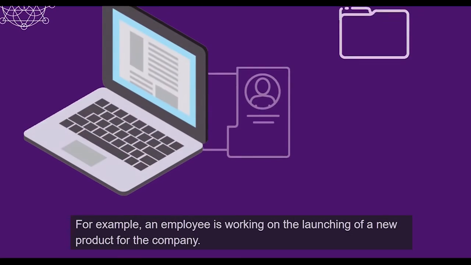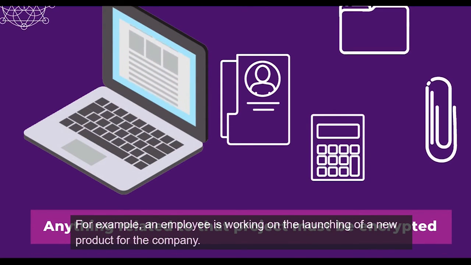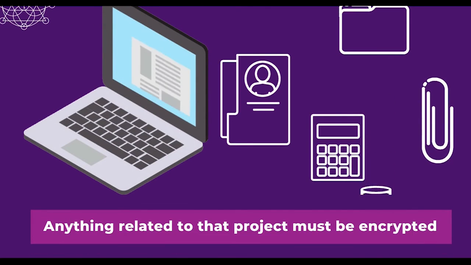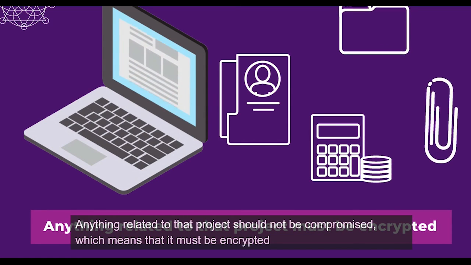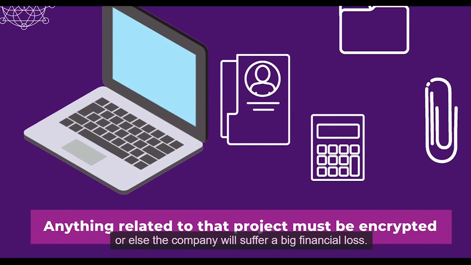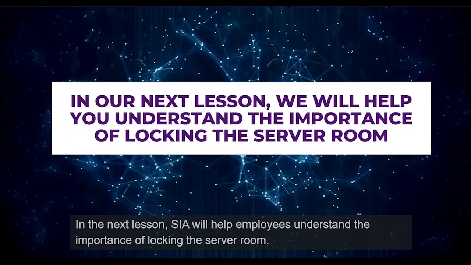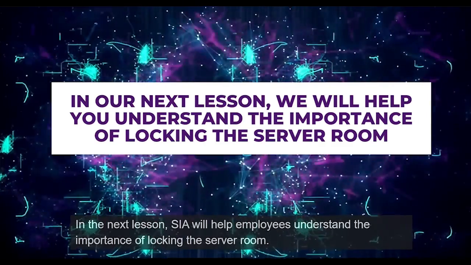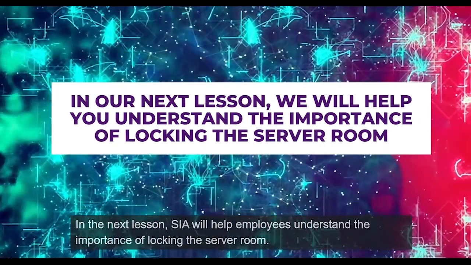For example, an employee is working on the launching of a new product for the company. Anything related to that project should not be compromised, which means that it must be encrypted, or else the company will suffer a big financial loss. In the next lesson, Sia will help employees understand the importance of locking the server room.